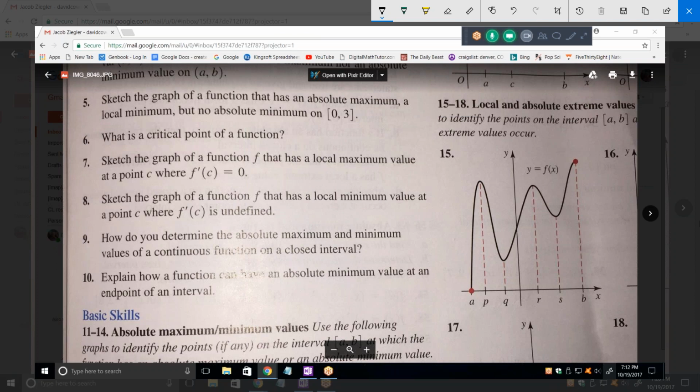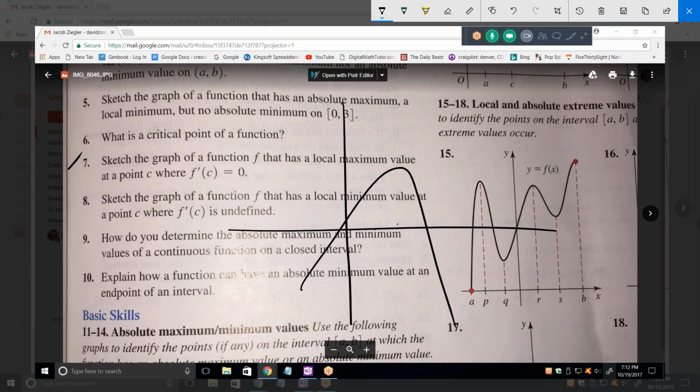Let's look at 7. Sketch a graph of a function that has a local maximum value at a point C where f prime of C equals 0. It's kind of a weird question.